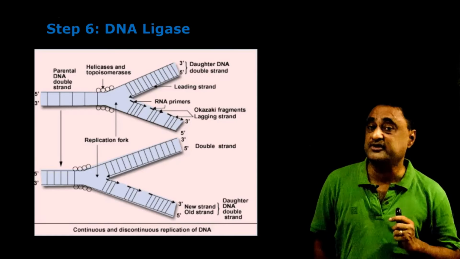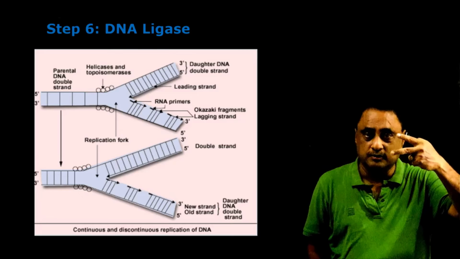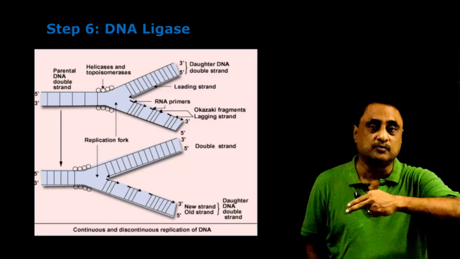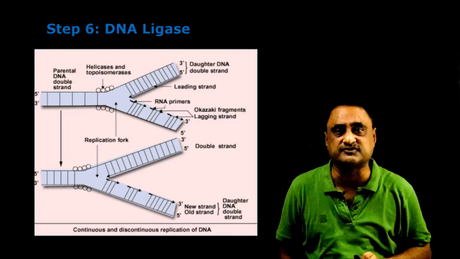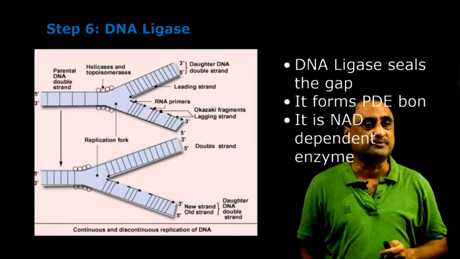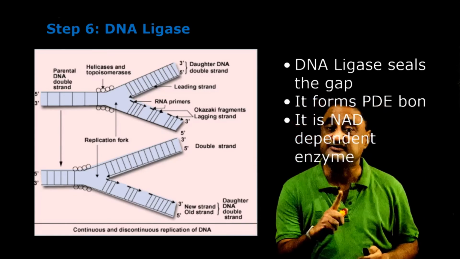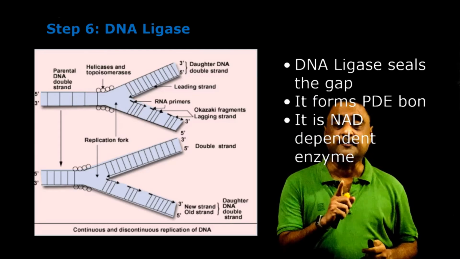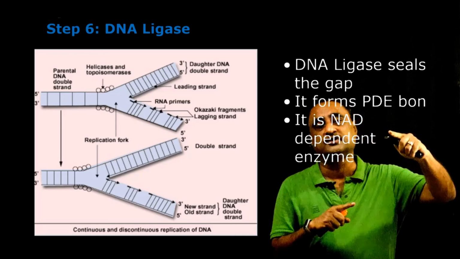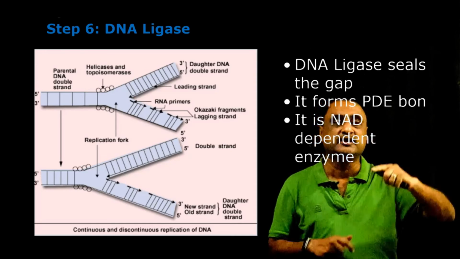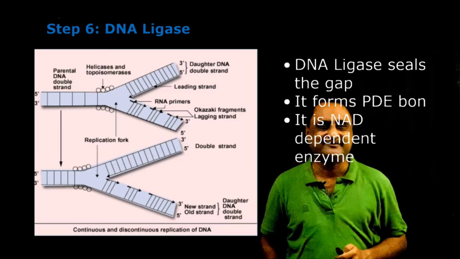The very function of DNA ligase is to bind the backbone through the formation of a phosphodiester bond. So we can say it seals the gap. Mind it, DNA polymerase 1 fills the gap, but the sealing of the gap through formation of the phosphodiester bond is done by DNA ligase.